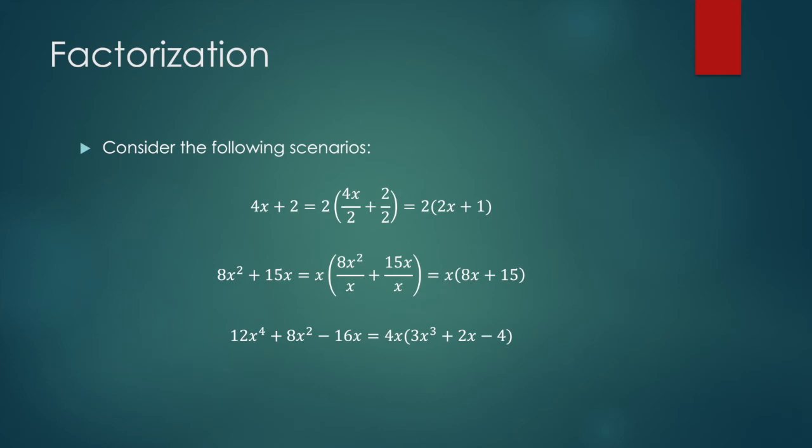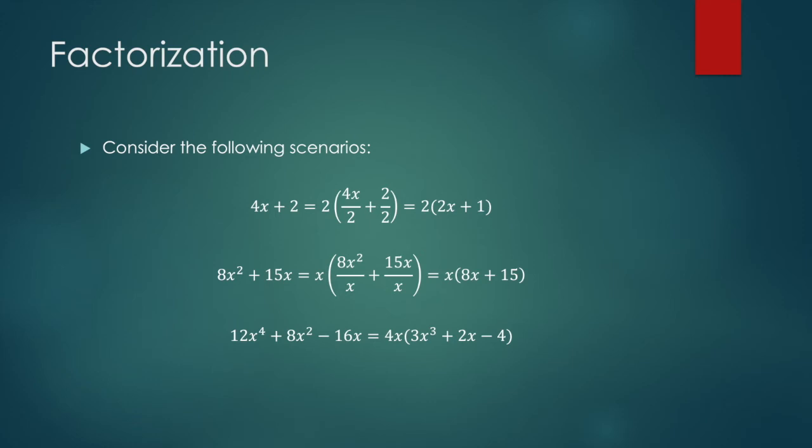8x squared plus 15x. 8 and 15 share only one common factor, and that's the number 1. So we can take 1 out, but it's understood that 1, if it's there, it's not there, it exists. However, 8x squared plus 15x shares an x. So 1x, or just simply x, is our GCF.